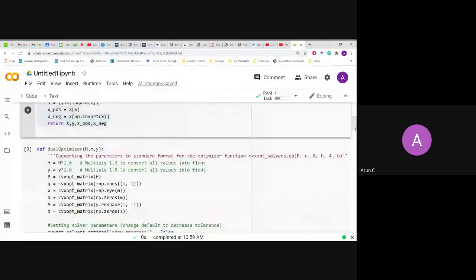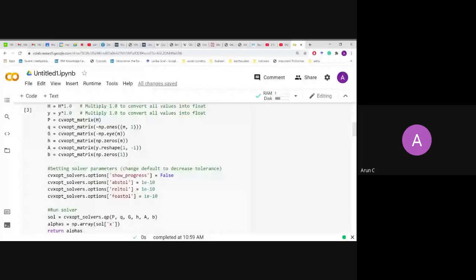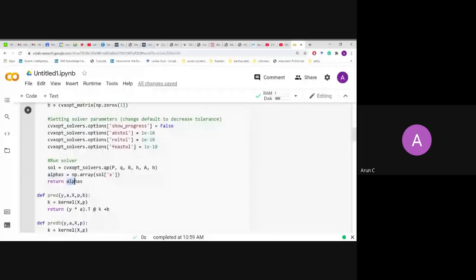Then this is all the code which I want you to use. I have given it to you. It will return all those A's, which are nothing but the Lagrangian multiplier A, a vector of n into 1. Some of them will be zeros and some will be non-zeros, which are the support vectors.